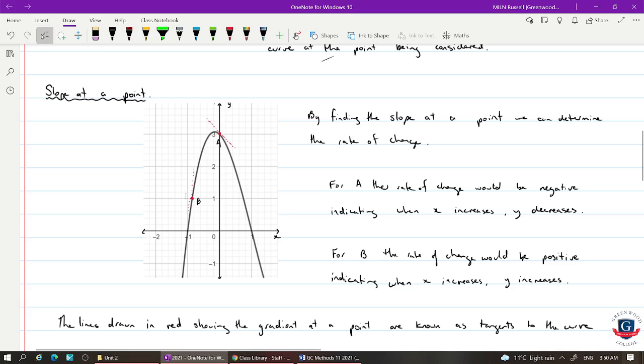If y is increasing as x increases, the rate of change is positive. If y decreases as x increases, the rate of change is negative. Now the lines I've drawn in red are called tangents, and they indicate whether the slope at a point is increasing or decreasing.